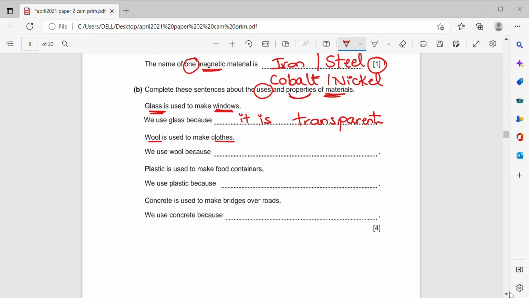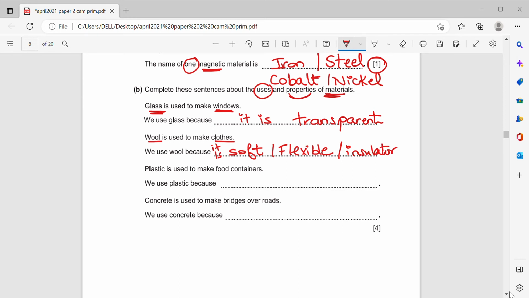We use wool because, why do I use wool? Very important points regarding wool: because it is soft, it is flexible, and most importantly, it keeps us warm because it's an insulator.